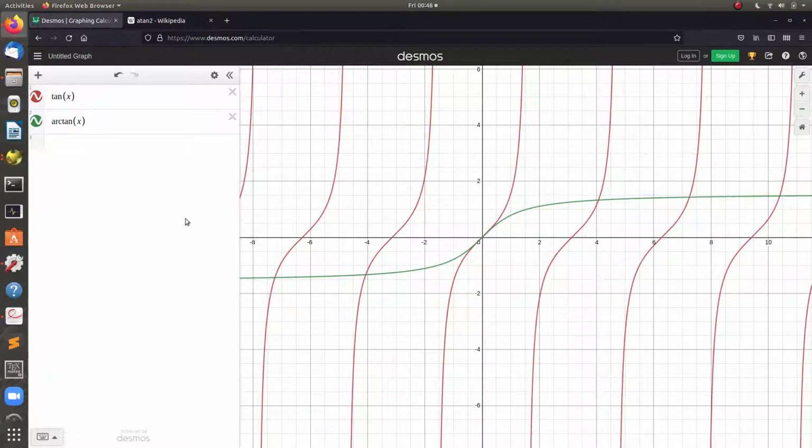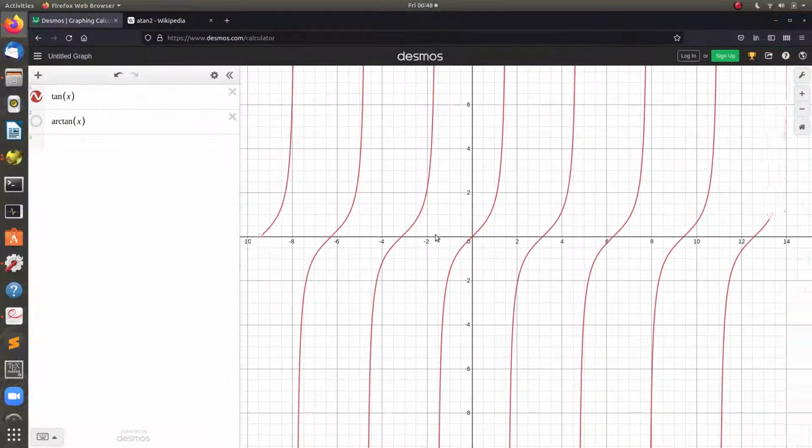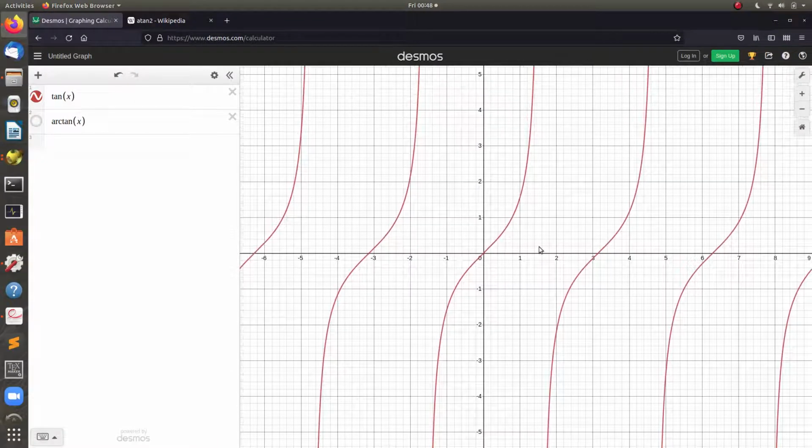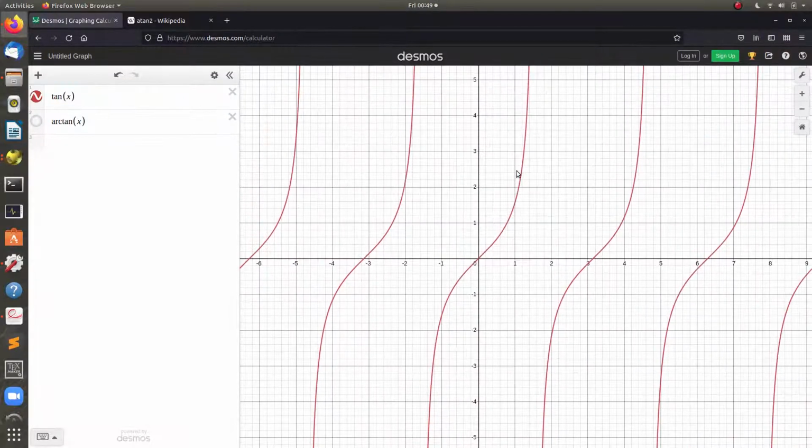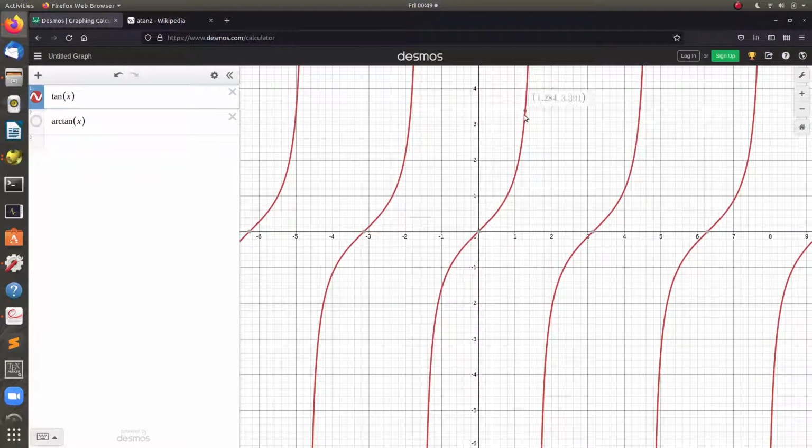So this is the tangent function. For pi, like going from 0 to, I suppose, pi over 2, I think it is. And yeah, there's pi. So pi over 2 is an asymptote, and this is the general tangent function.